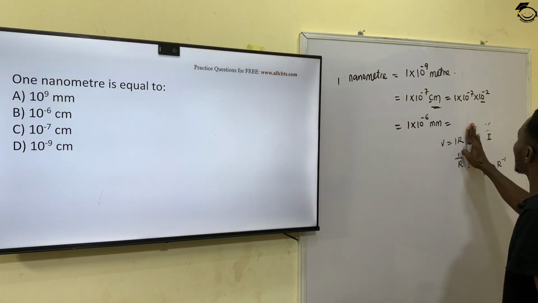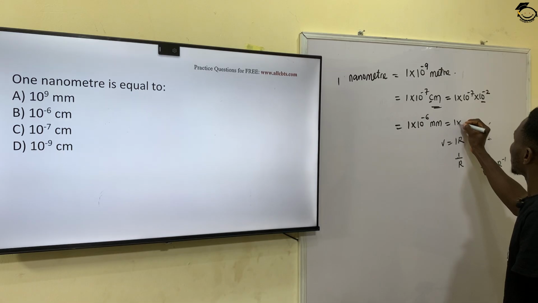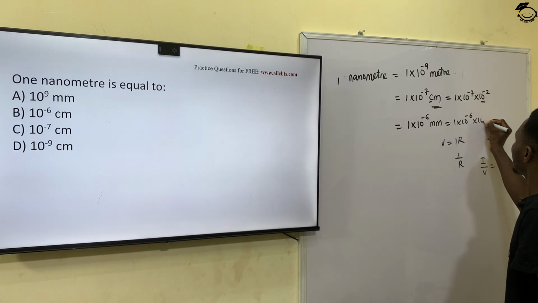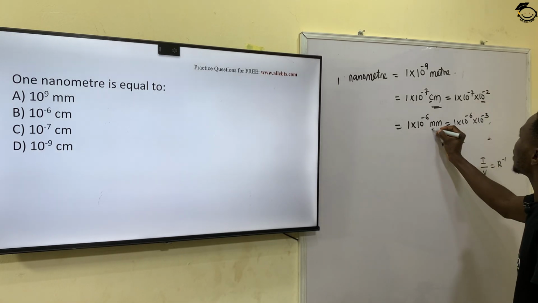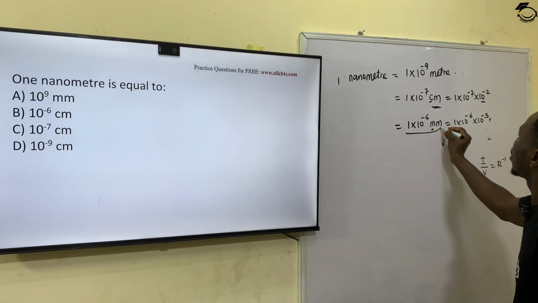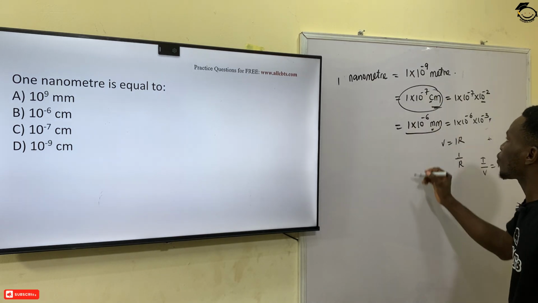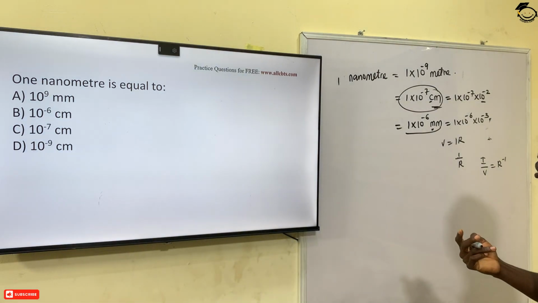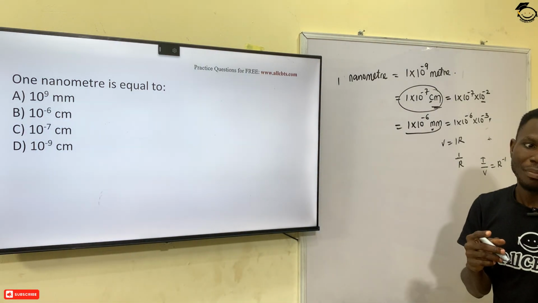This one is the same as 1 times 10 raised to power minus 6 times 10 raised to power minus 3, because milli here means times 10 raised to power minus 3. At the end of the day, adding these gives minus 9 in both cases. So we are looking for either 1 times 10 raised to power minus 6, or 1 times 10 raised to power minus 7.